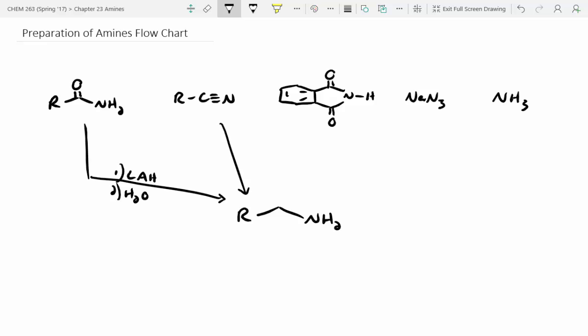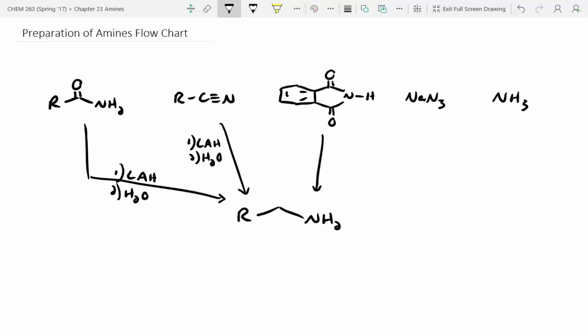All right, our nitrile, how can we do that? It's LAH. All we need to do is reduce it again, right? So same exact conditions. These can be used to make primary amines.